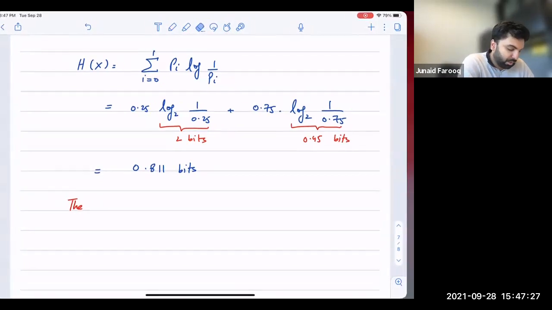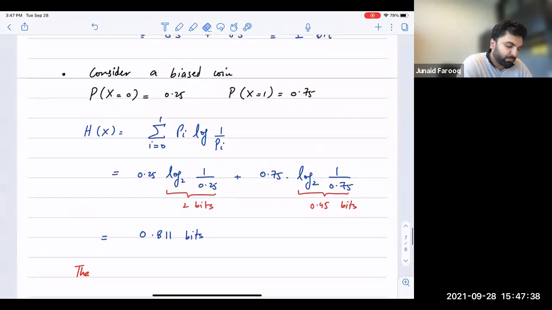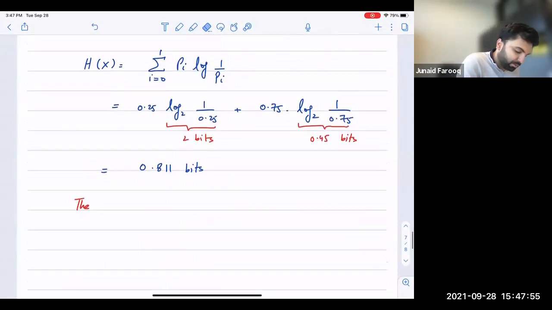If you use log e, then the result will be in nats. Since bits are 0 and 1, is that why it's 2? Yes, we deliberately use log base 2 to represent the information in terms of bits. So for this class it's always log 2, unless we specify explicitly that we are using a ternary system, in which case it's log base 3. Generally we will use the binary system, so we just use log base 2.